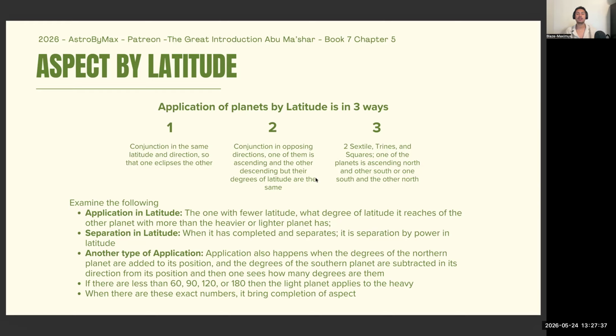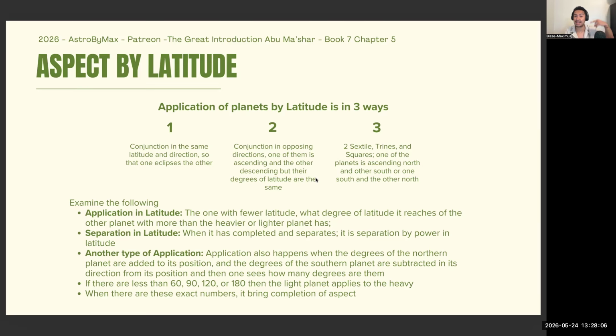And the second consideration is a conjunction in opposing directions. So one of them is ascending and the other is descending, but their degrees of latitude are the same. This is like if two planets are coming together, one's going north and one's going south, and they come together and then they pass each other again. And then there's the application of planets by latitude through the two sextiles, two trines, and two squares.